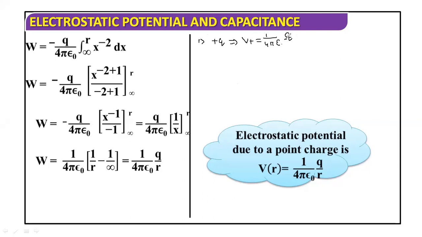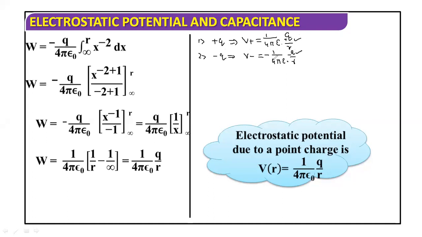But if we have a negative charge, the potential is negative, and that negative potential is equal to minus 1 upon 4 pi epsilon naught Q upon r, because the charge is negative. Here the charge is positive.